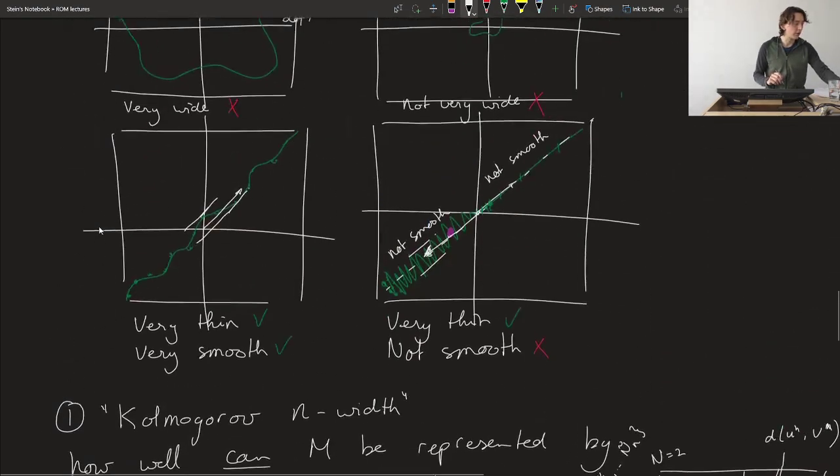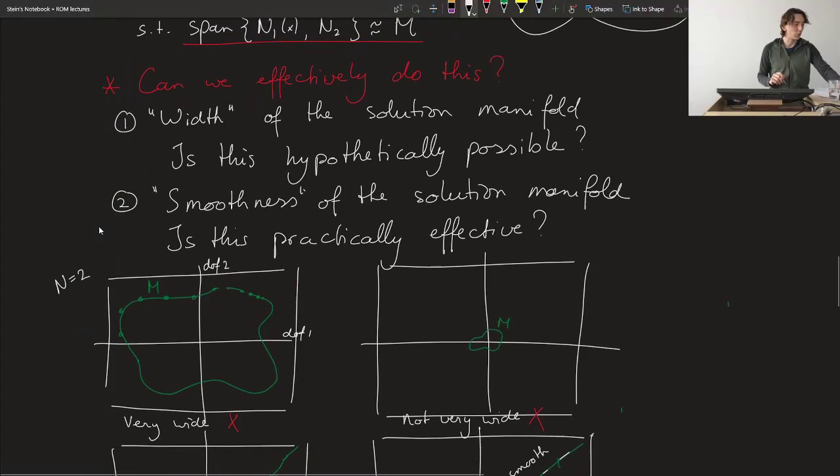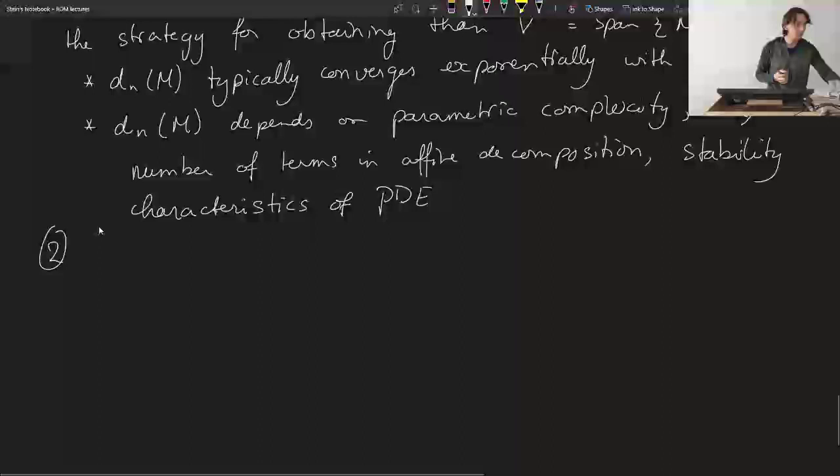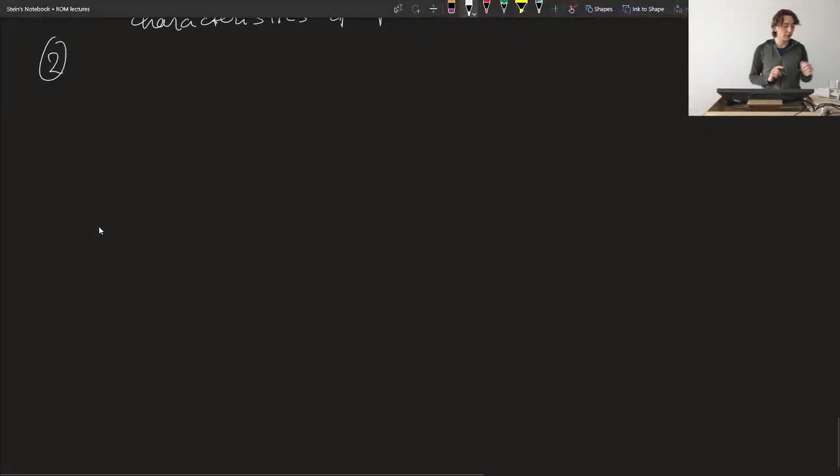So the first point was about the width of the solution manifold. Is it hypothetically possible to reduce the solution manifold into a small subset? And the second one was about the smoothness. And this is actually going to be a derivation, so we're going to throw in some math here, because from this on we can actually obtain a sensible and useful conclusion.